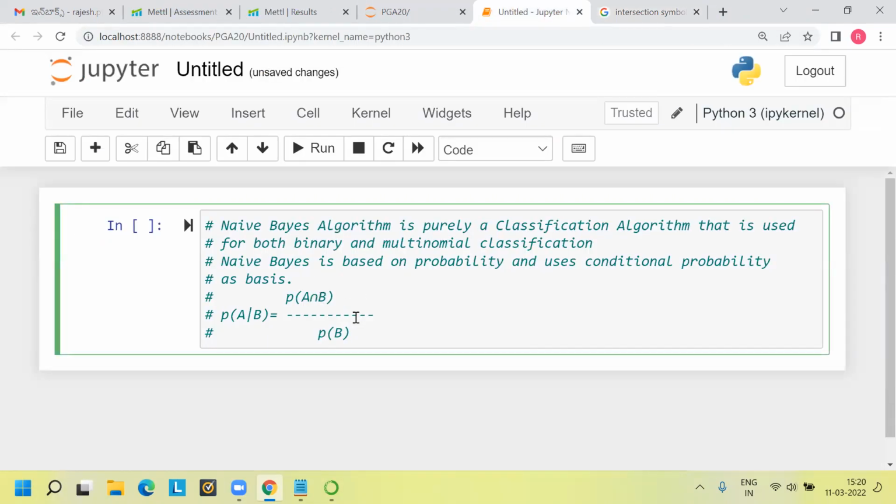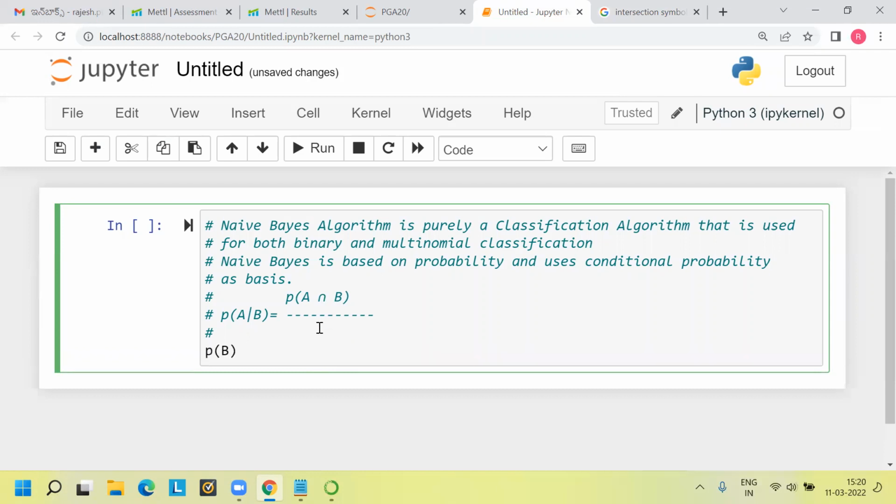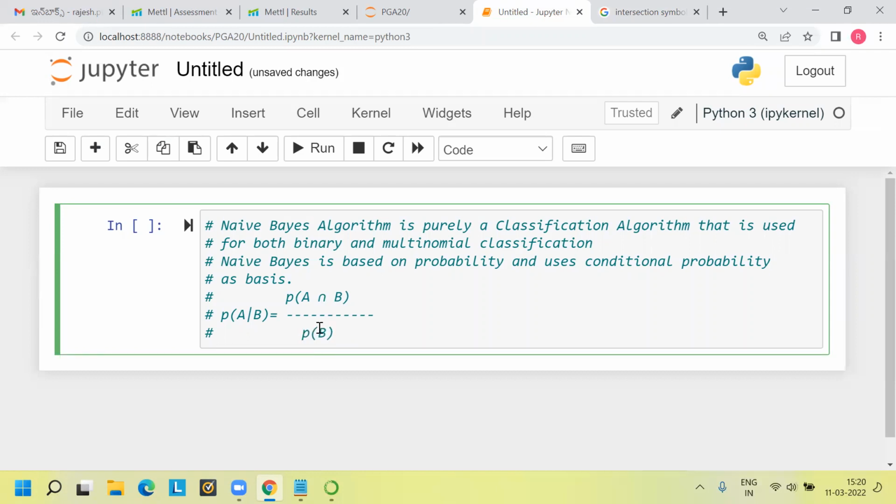Probability of A intersection B divided by probability of B. So this means probability of A given B has already occurred is this equation.